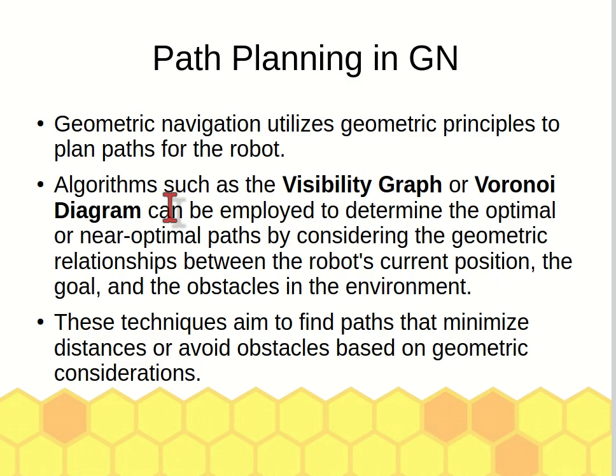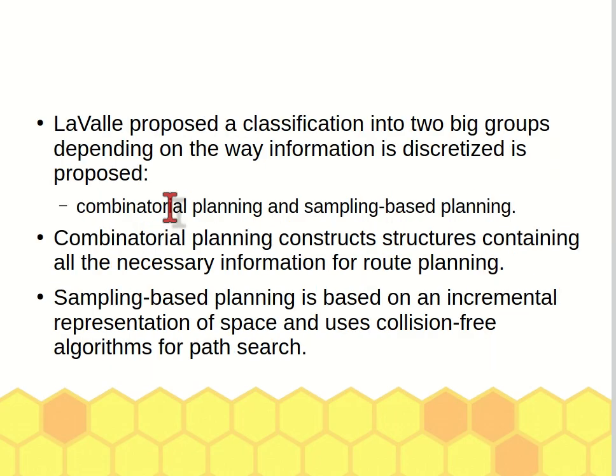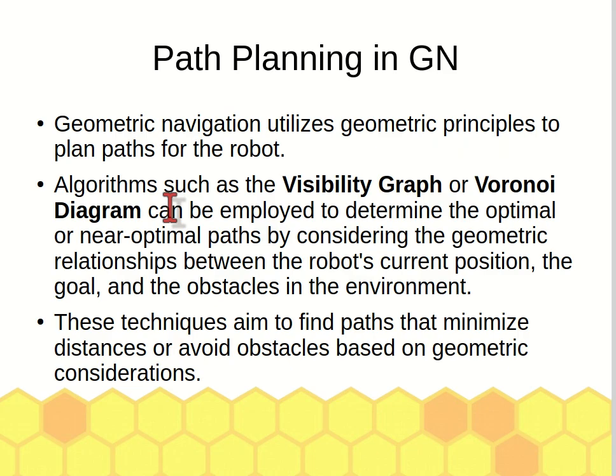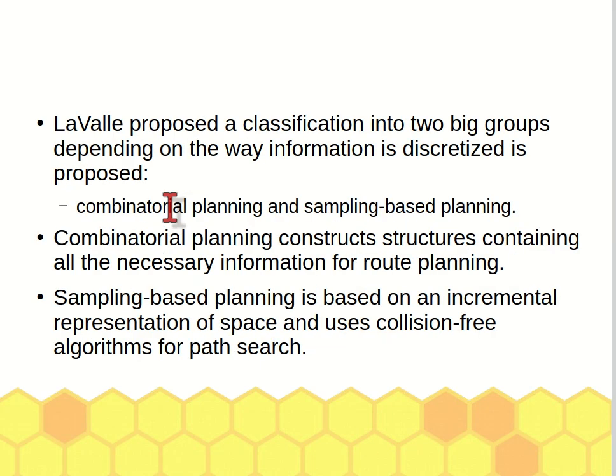Algorithms such as visibility graph and Voronoi diagram. These are the most common two algorithms that can be used for path planning in geometric navigation. Also sampling based planning. This one can also be applied. So visibility graph, Voronoi diagram, and sampling based planning.